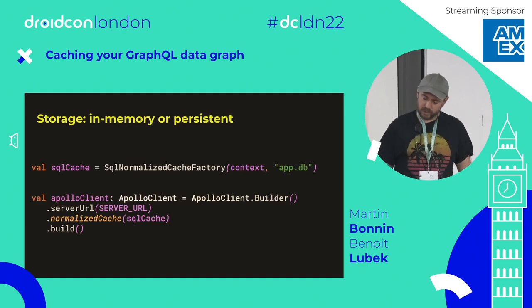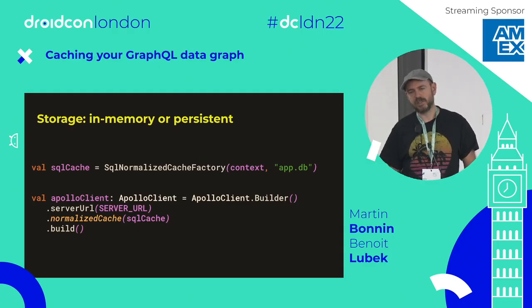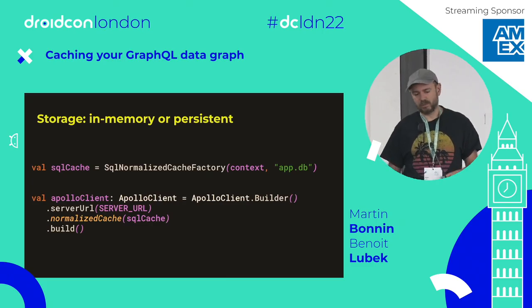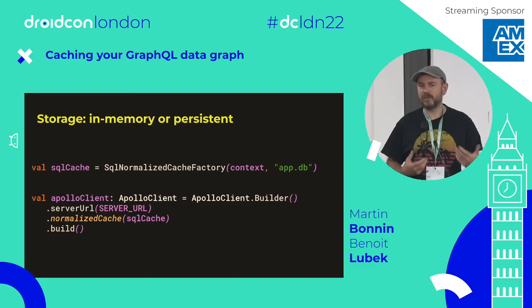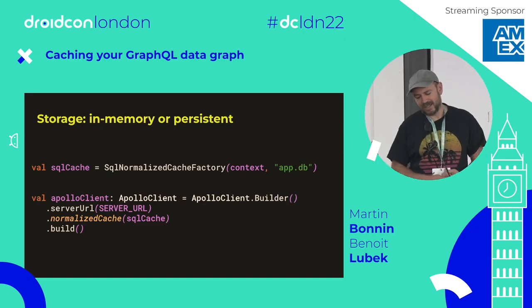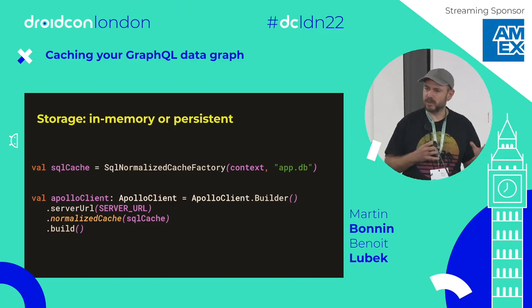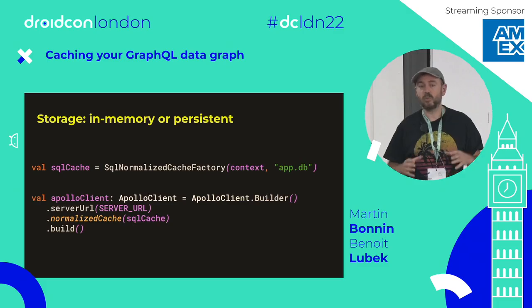There's also, of course, a persistent version of that. It's called SQL normalized cache because under the hood, it actually uses SQLite. But one thing to note is that it's really a simple usage of SQLite. So there's no mapping like we showed before between your entities and tables. It's just one big table.